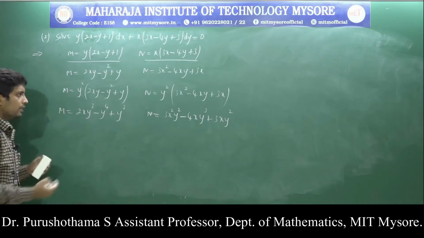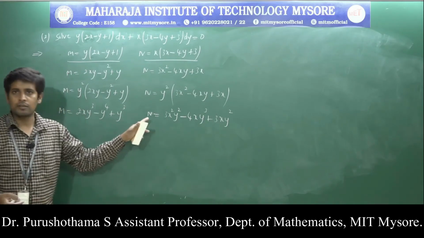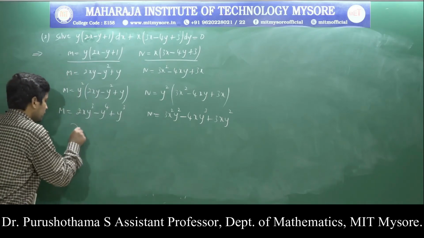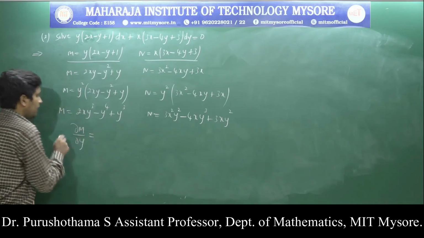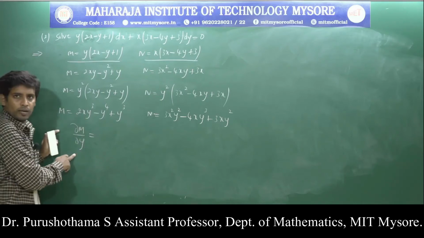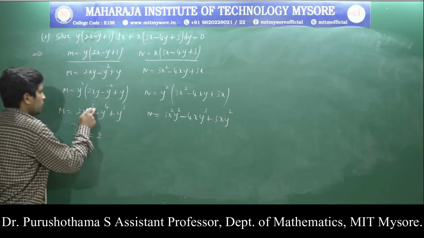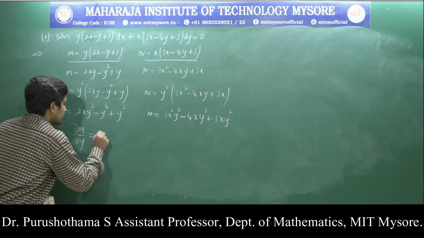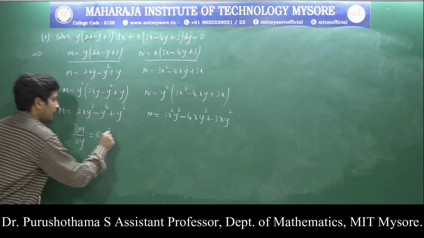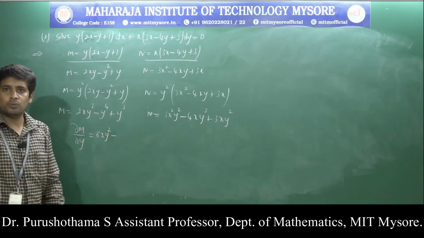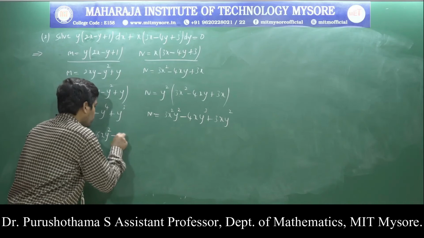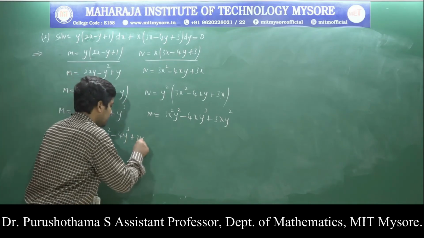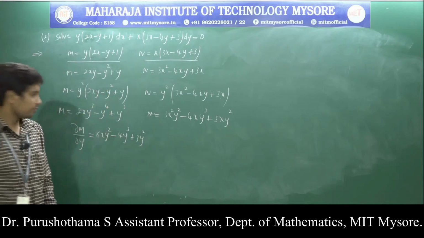In the next line, find the derivative of m and n with respect to y and x. Therefore, m with respect to y is the differentiation of m with respect to y: 2 into y cube differentiation 3y square, 2 into 3, 6xy square, minus y power 4 derivative with respect to y, 4y cube, plus y power 3 differentiation 3y square.